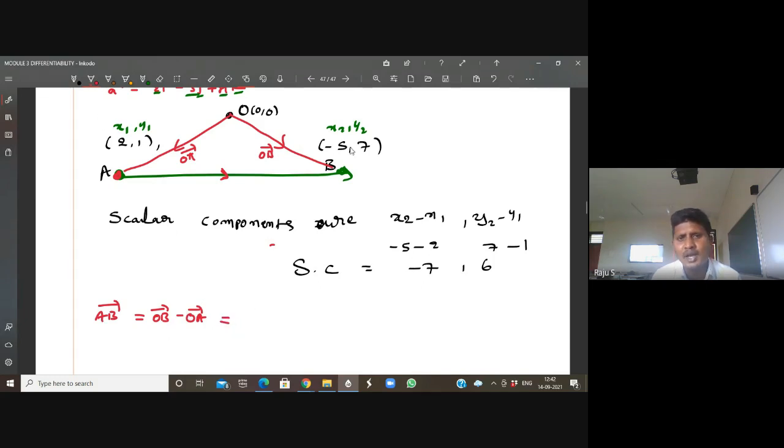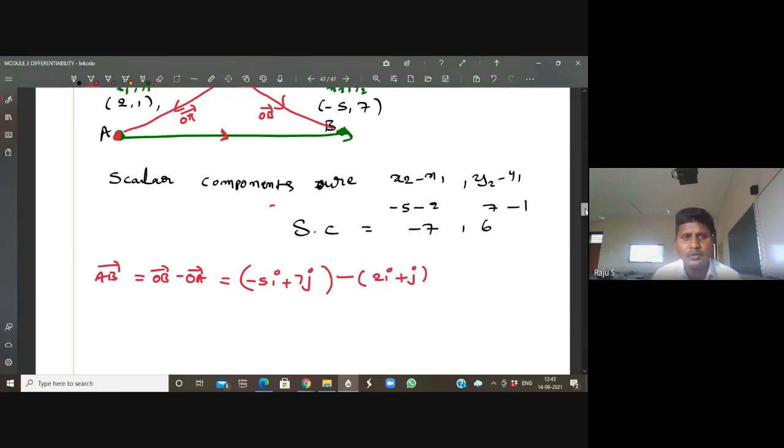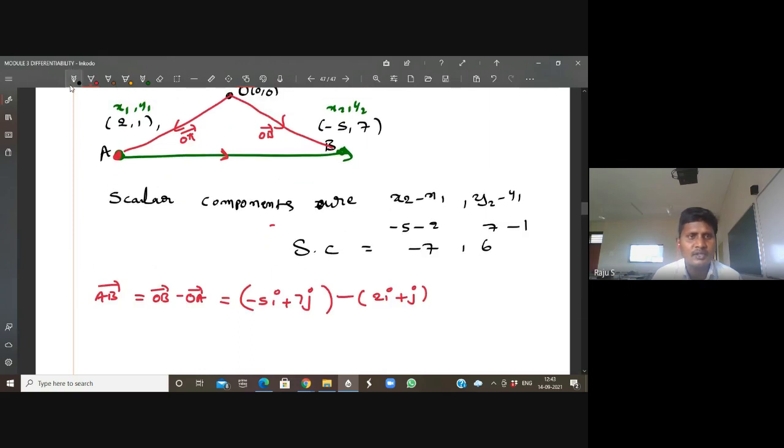OB vector is minus 5i plus 7j, that is OB minus OA, 2i plus j. This is method one to find vector AB. Vector AB is equal to minus 5 minus 2, that is minus 7i plus 6j. Simple. Already we got the scalar components.